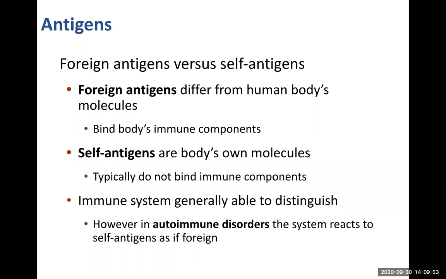If your immune cells start to see your own tissue as foreign, it's difficult to train, if you will, your immune system to not see that self-antigen as foreign anymore. This is also the reason why inflammation is a very prominent characteristic of autoimmune disease. If your body is constantly attacking itself, you're going to have a chronic inflammatory process that doesn't resolve.